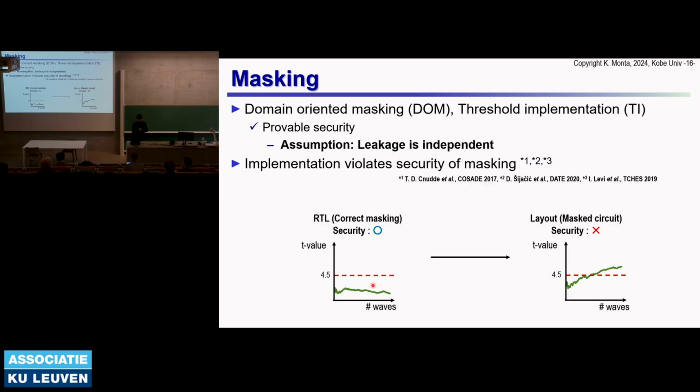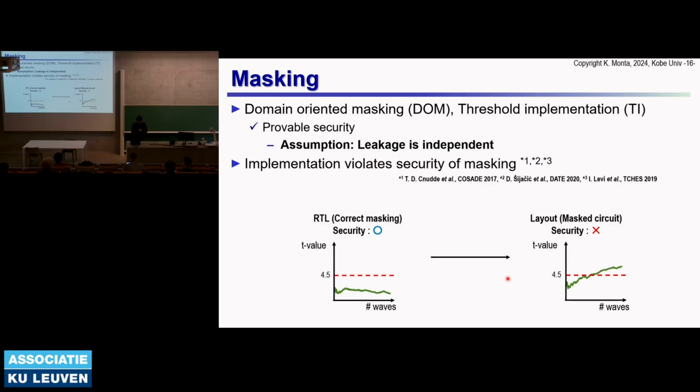At the RT level, the security level is correct and the T value never exceeds 4.5, but somehow after the layout, the T value exceeds 4.5, which means leakage can happen inside the IC chip. This is because of coupling between shares or coupling between domains inside the IC chip.